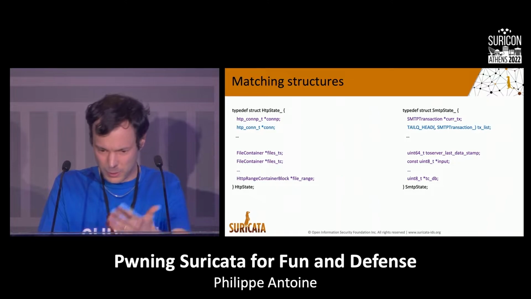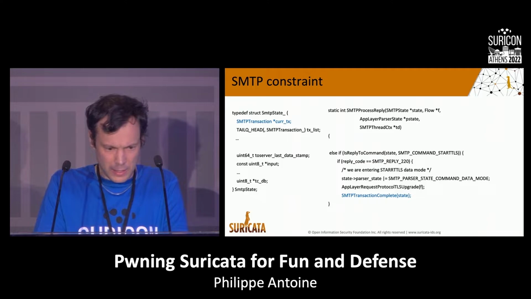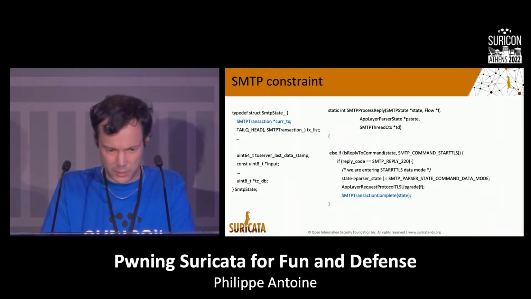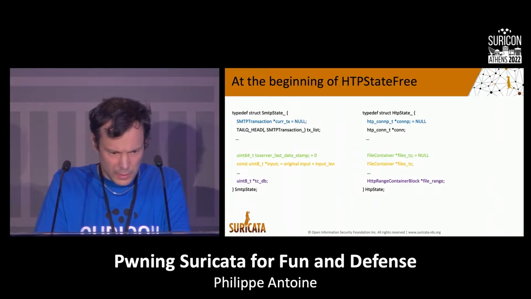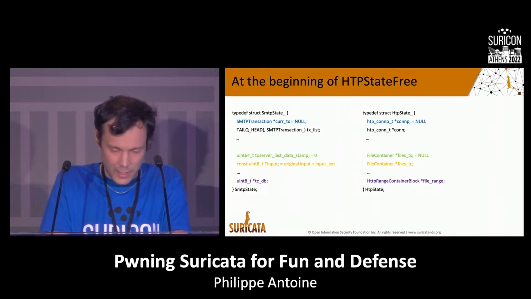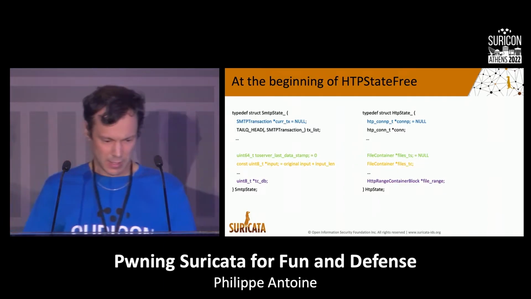At some commit for the SMTP structure, it's quite interesting because we have the first field, which is always 0 because the SMTP transaction complete sets it to 0. The to-server last data stamp is 0 as well, so there is no bothering us. It's null. We will not try to free it or do something with it.